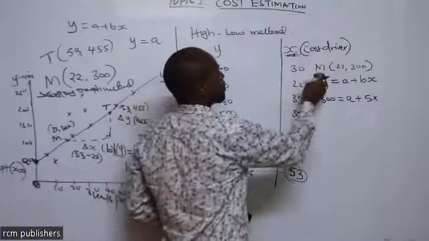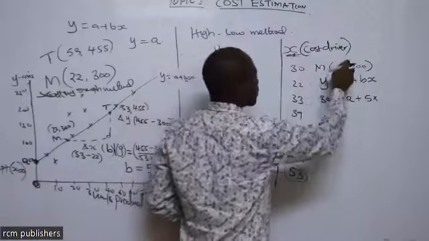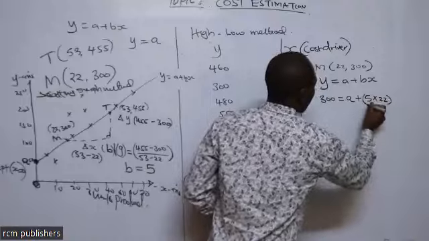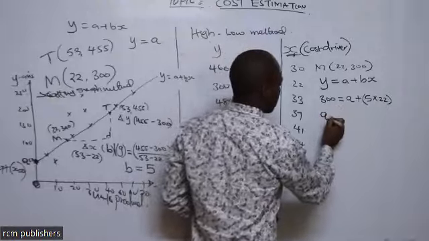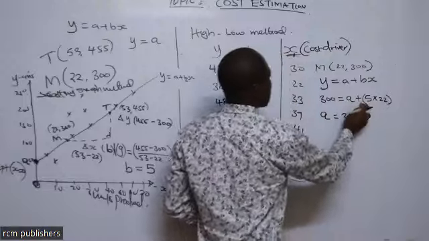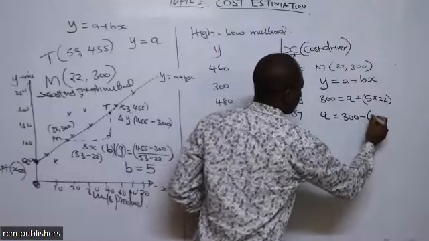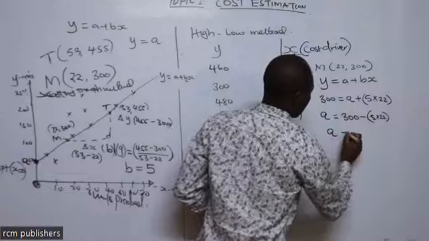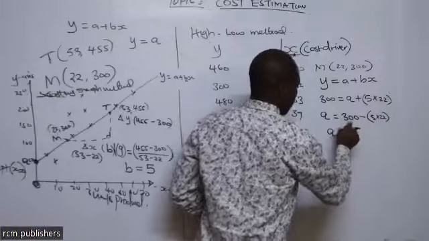What is our x in this particular coordinate where we got the 300? It is 22. So we multiply by 22. It means for us to get the value of a, we will say a is equal to 300 minus 5 by 22. So the value of a is therefore equal to 5 by 22 subtracted from 300.